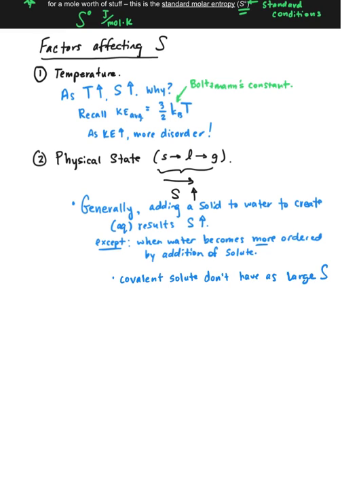So they don't have as large an entropy as soluble ionic salts. Again, because covalent compounds have no ions to split into.